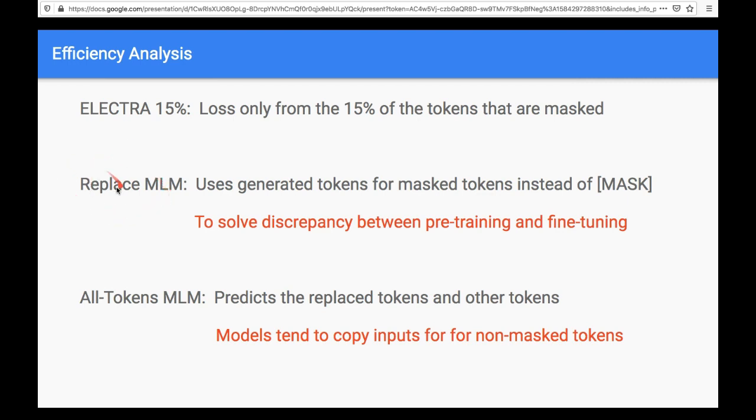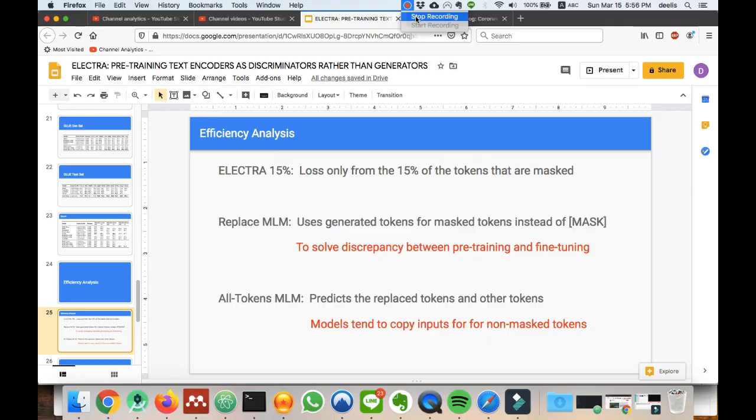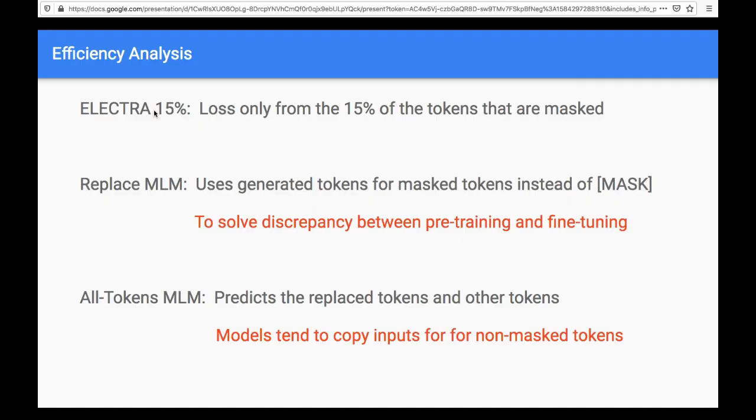And this is what they call ELECTRA 15%. And there's also another one, replace masked language model. Basically, they modify the masked language model a little bit, because they want to solve the discrepancy between training and fine-tuning.